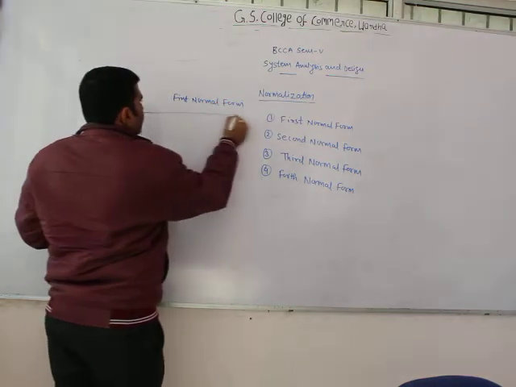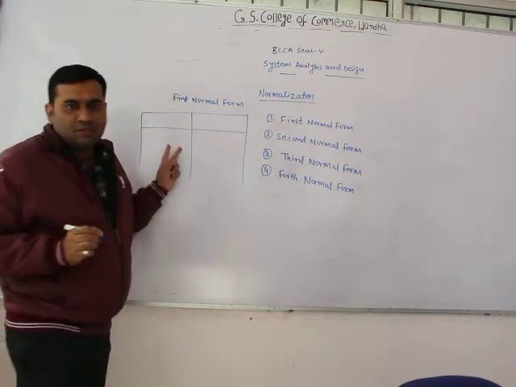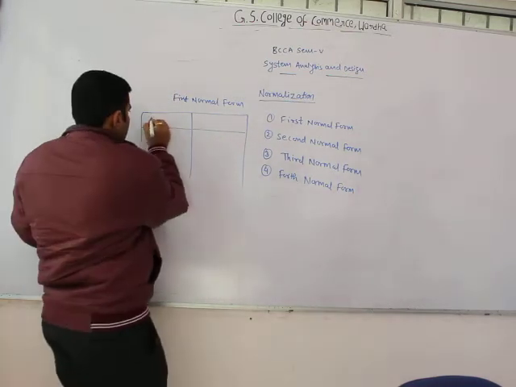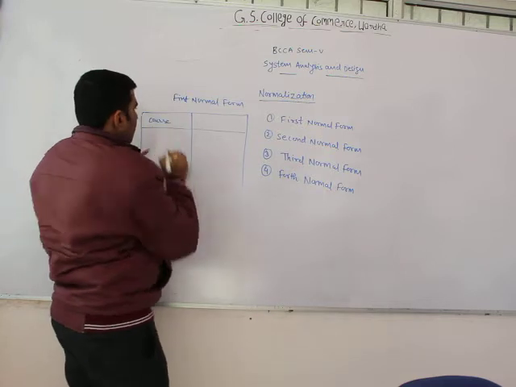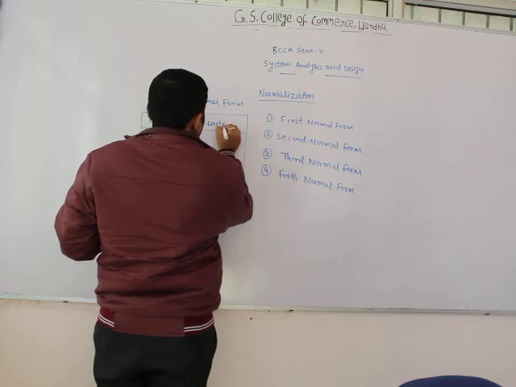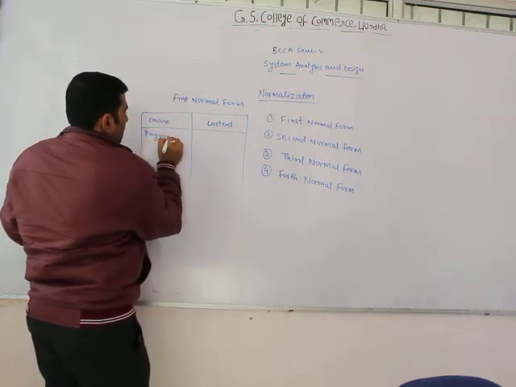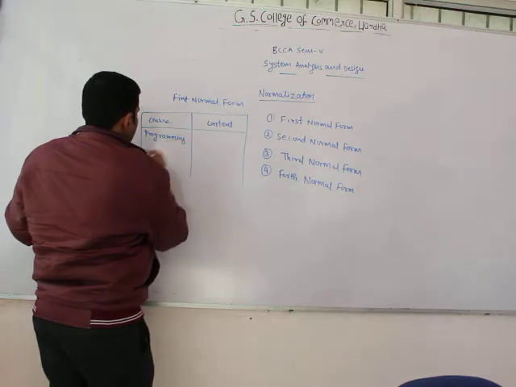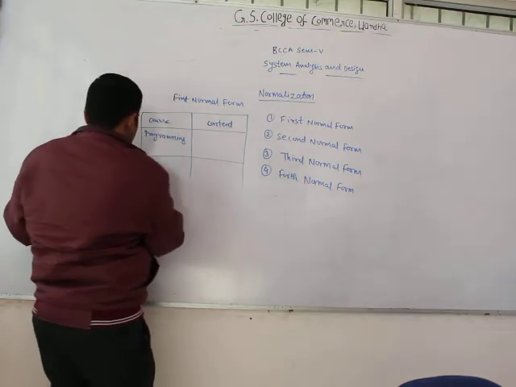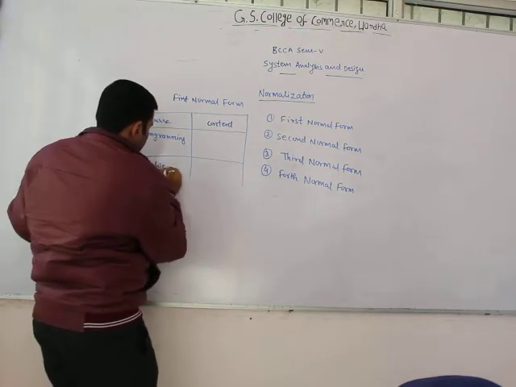one table. There are two attributes. First is the course and second is content. First is programming and the next is web.